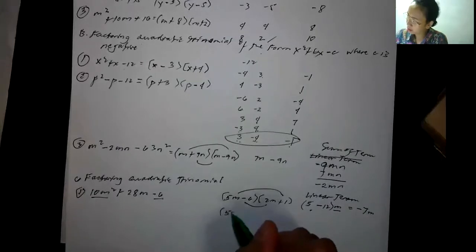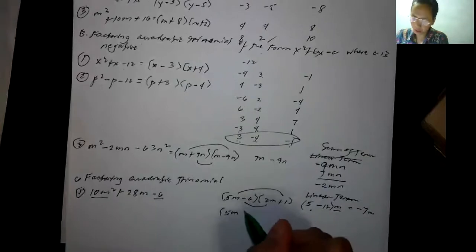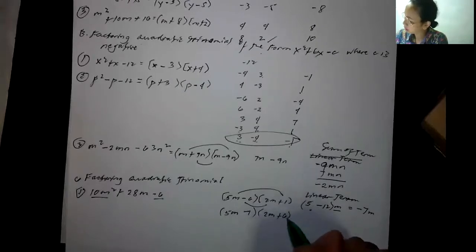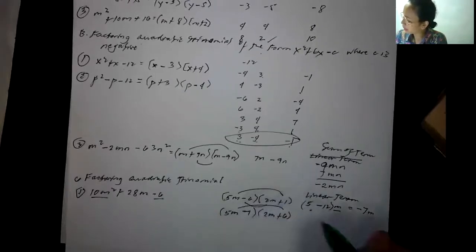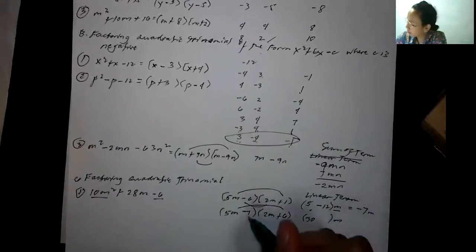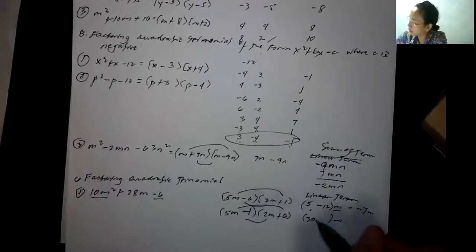Suppose we have here 5m minus 1 and then 2m plus 6. So again, 5m times 6, that is 30m. And then negative 1 times 2m gives us negative 2m.